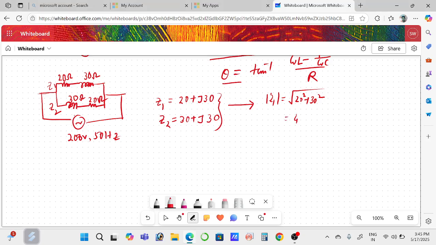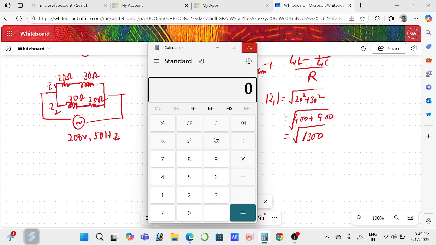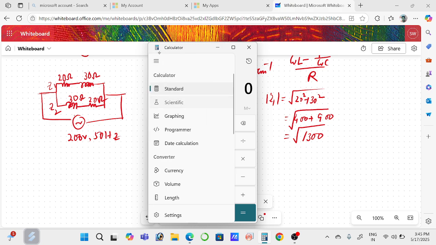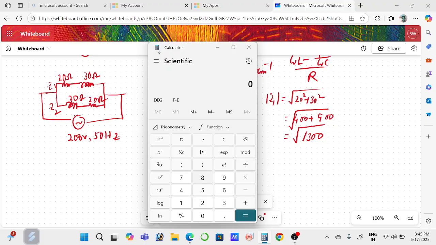So this is 400 plus 900, so this is 1300. We need a scientific calculator here.